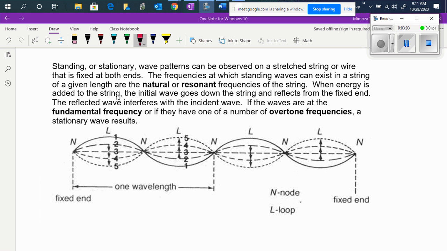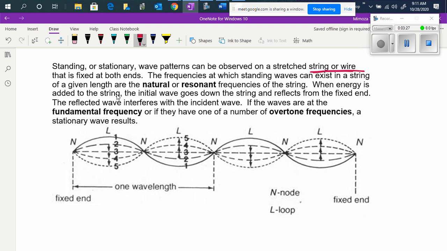The best observation for standing or stationary waves is when a string or a wire is fixed at both ends. You just create a vibration, and then you see what is happening in that case.